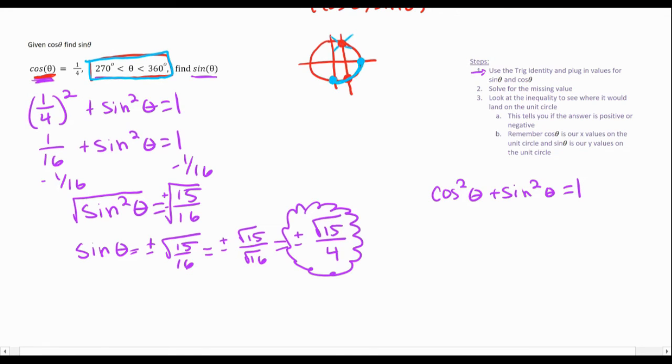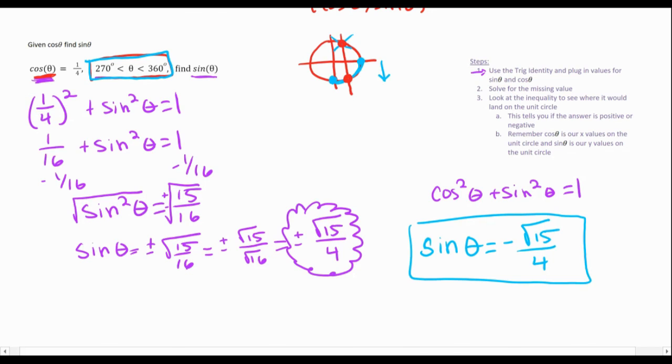So it's not going to be this, meaning my y value, or sine of theta, has to be negative because it is below the x-axis. So that tells me my final answer here is that sine of theta is equal to negative square root of 15/4, and that gives me my final answer.